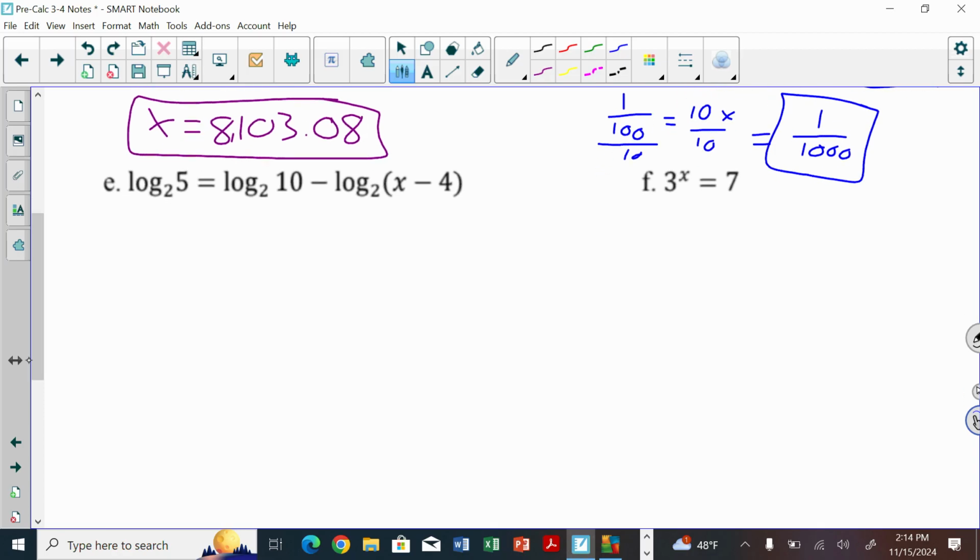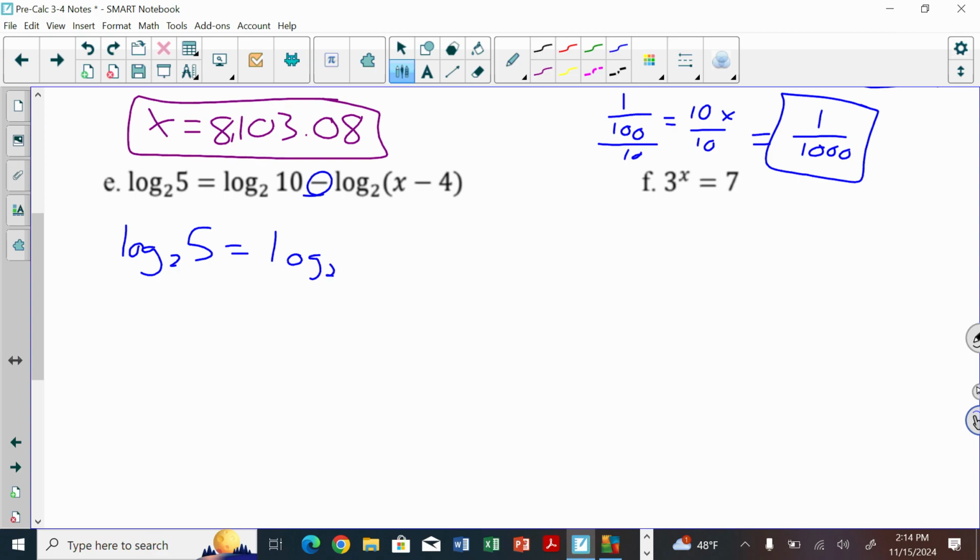All right, so here I can condense this because I've got a subtraction problem. I can use the quotient property that we learned in 3.3 and do this: log base 2 of 5, and I can take this subtraction and make it a division problem.